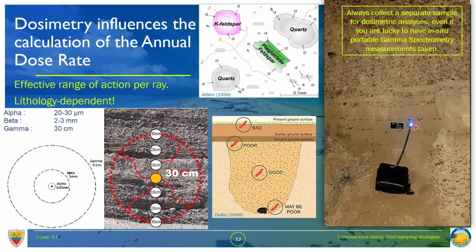And I selected this layer and not this one because then my 30 centimeters are going to be inside homogeneous lithology, not here, for example, which is going to be influenced by this other unit. So selecting your sampling position is going to be crucial in luminescence. That's why dosimetry is so important to understand, and so it's very important to understand your lithology. So you can see here where it's poor to take a sample because of the influence of surrounding lithology.